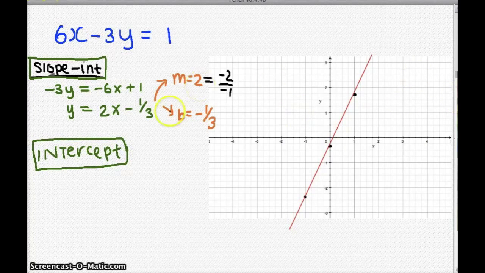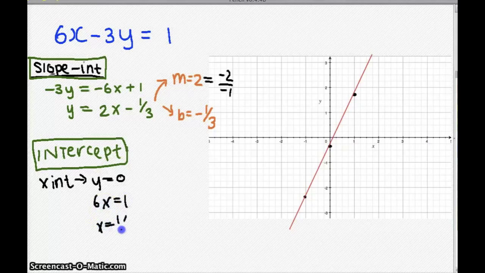Since we already know the y-intercept, b equals -1/3, let's just find the x-intercept. That's when y equals 0. So 6x equals 1, so x equals 1/6. So it's 1/6, 0. That point looks about 1/6 right here.